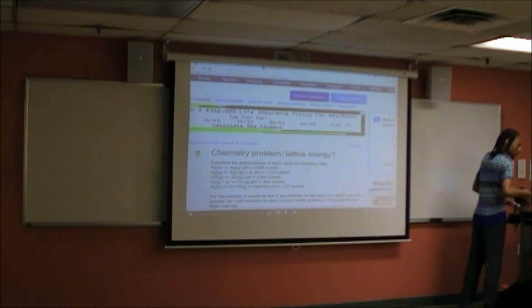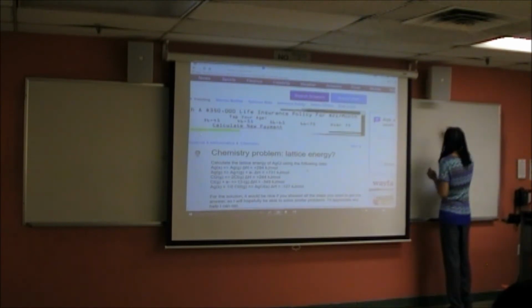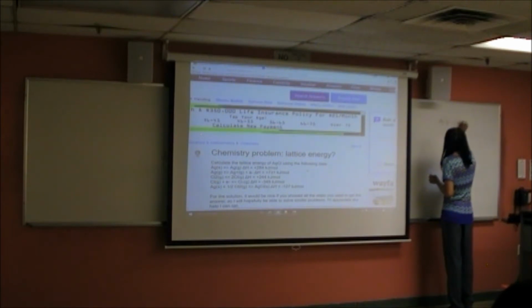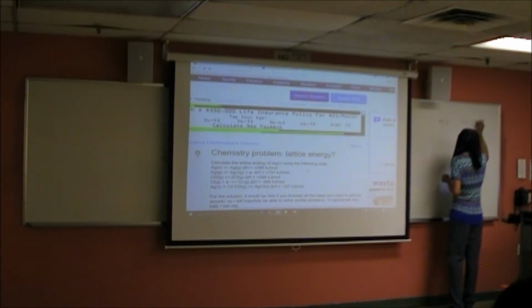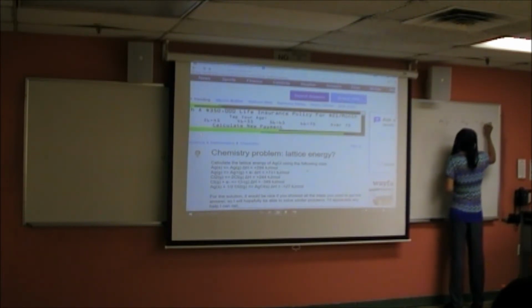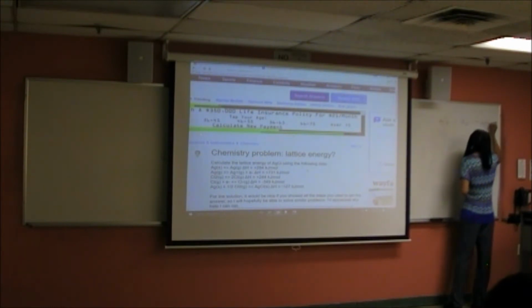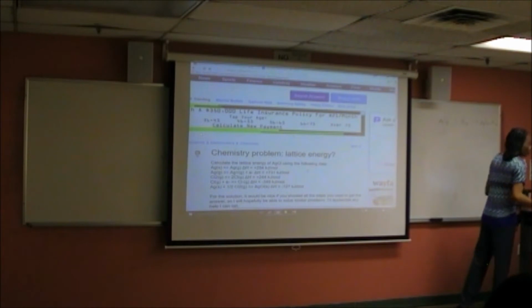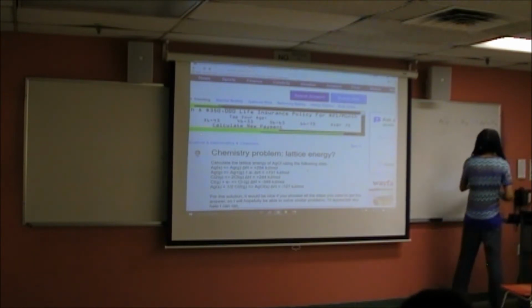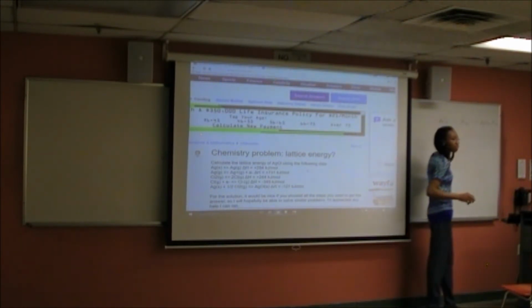Silver plus gas plus chloride minus gas produce silver chloride solid. And we want the enthalpy for your lattice, right? So what we don't know is the enthalpy for your lattice energy, okay?